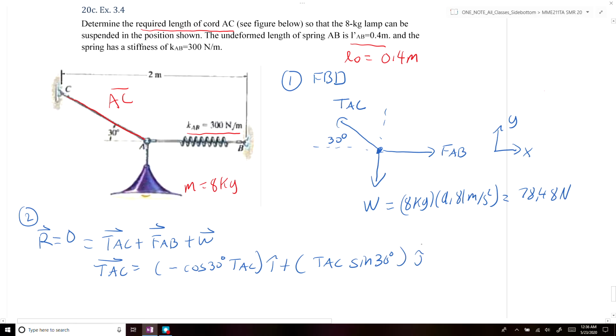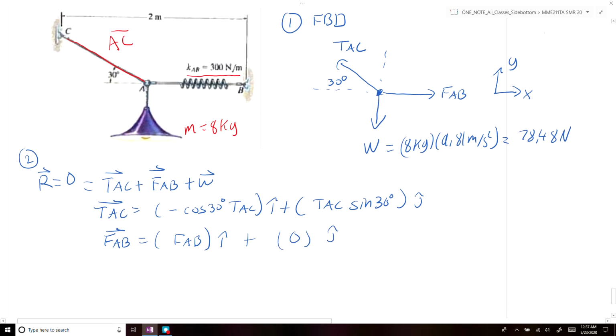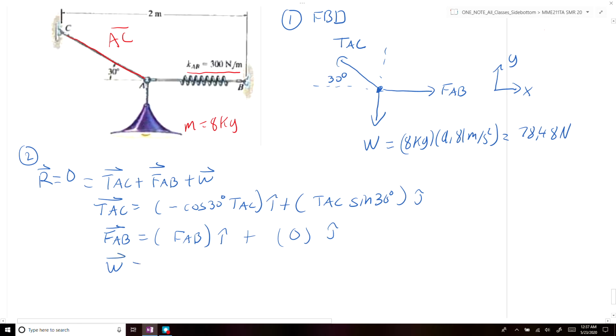All right. FAB is going to have only an x component, so we can just write it as FAB, and then it'll have no y component. And then our weight will have no x component, but it'll have a y component of minus 78.48 newtons.